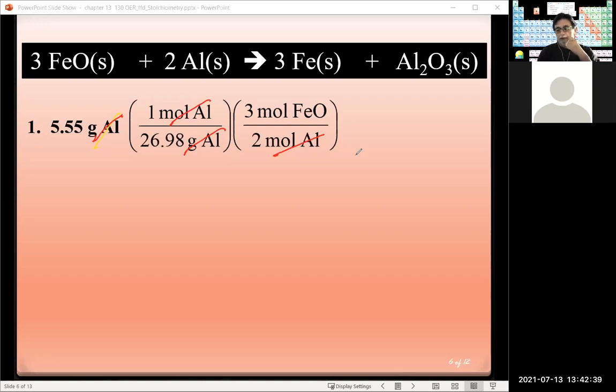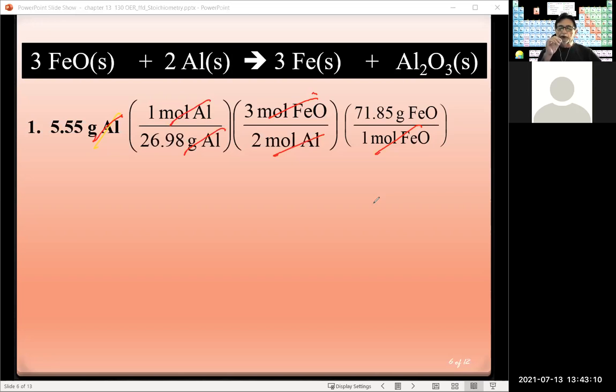We look up the atomic weight of iron and the atomic weight of oxygen, and that gives us the molar mass, which is 71.85 grams per mole. Note the units and follow them as I proceed, because if you set that up properly and follow the units, you're on the right track, okay?